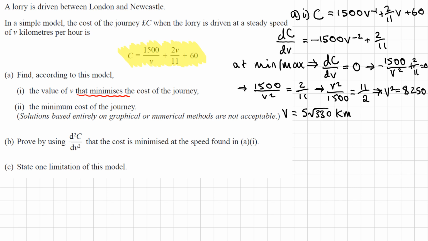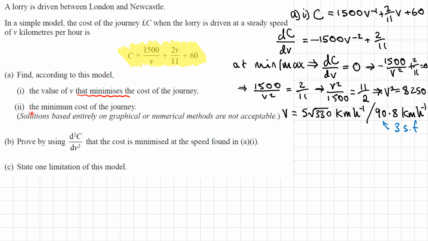Now we could also write this answer as a decimal, and I would go for 3 significant figures. So we could write it instead as 90.8 kilometers per hour. And I'll just write down that this is an answer that's been rounded to 3 significant figures.